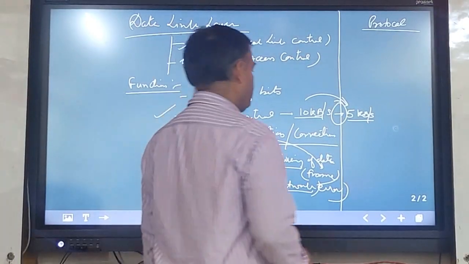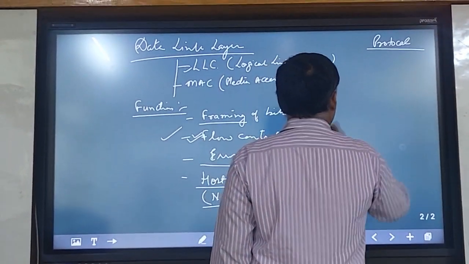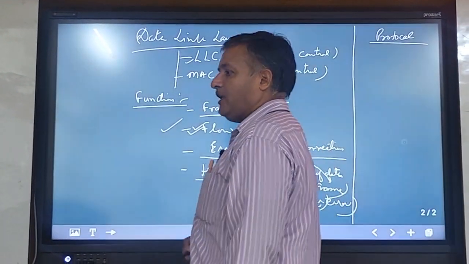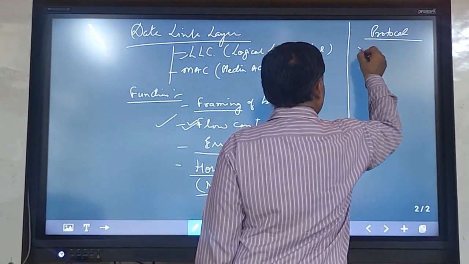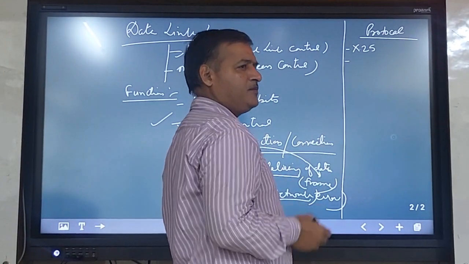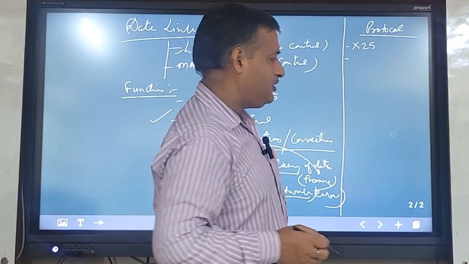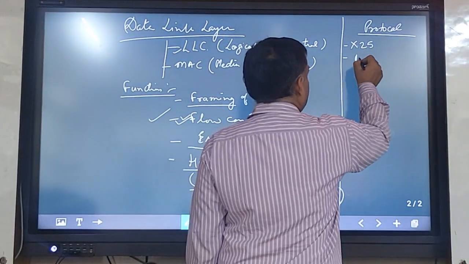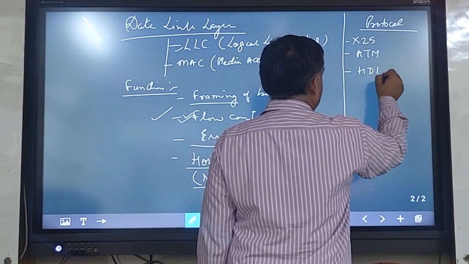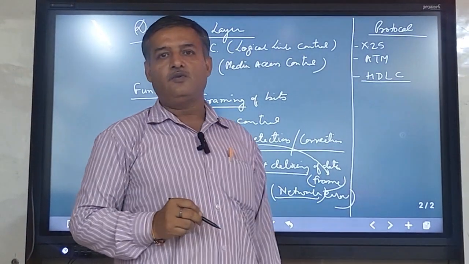Different protocols which are used in the data link layer are X.25, a very obsolete type of protocol that doesn't have any significance now, ATM, and HDLC, high level data link control.